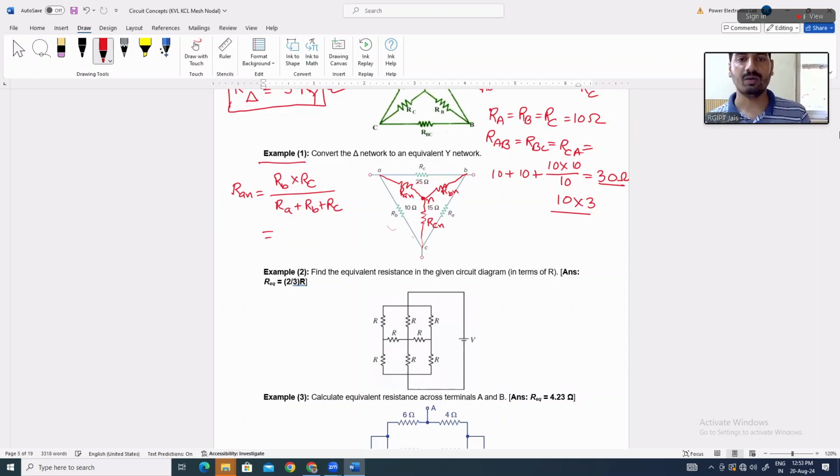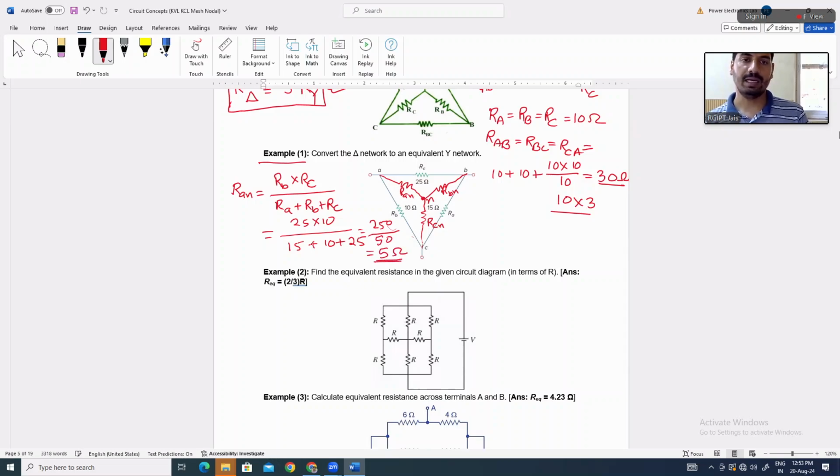तो इसका value क्या हो जाएगा? RB RC that is 25 into 10 divided by RA का value है 15, 15 plus 10 plus 25. Okay, ये कितना हो जाएगा? 250 divided by 50, that is 5 ohm.